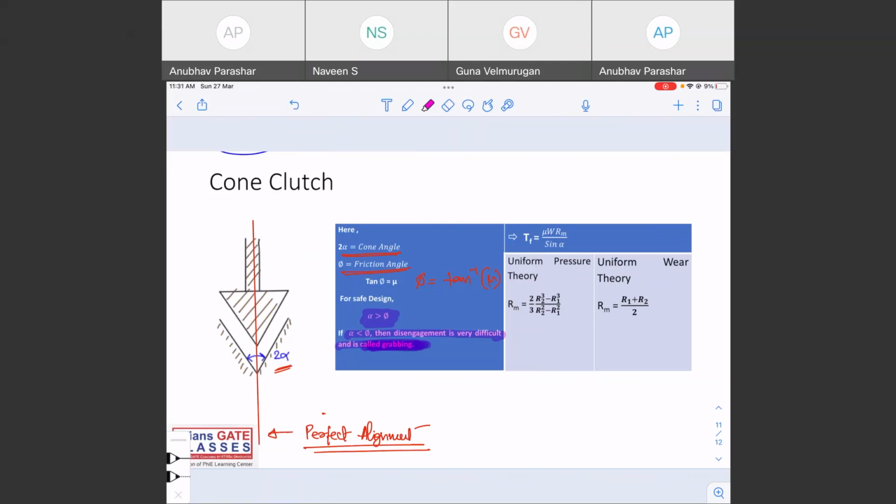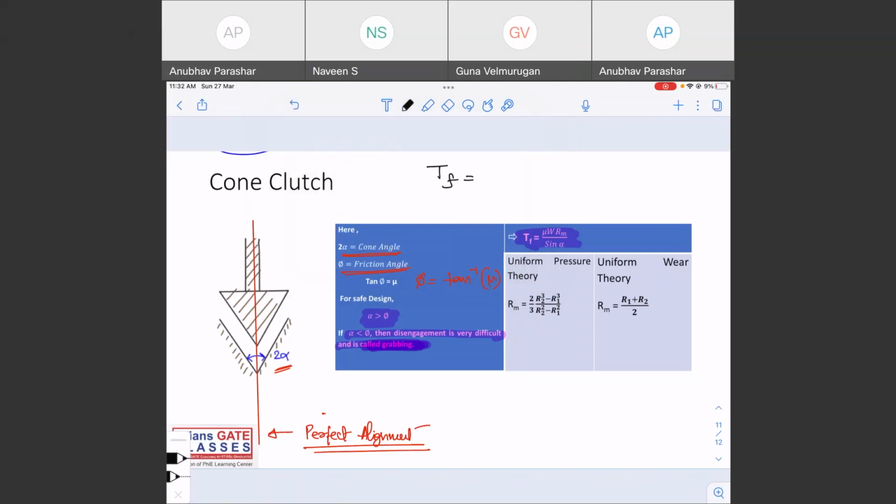So this is the formula I was talking about. This formula you have to remember. Everything is the same, mu W Rm. Only you will have to divide it by sine of half the cone angle.